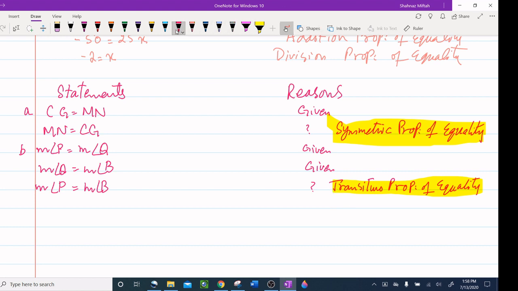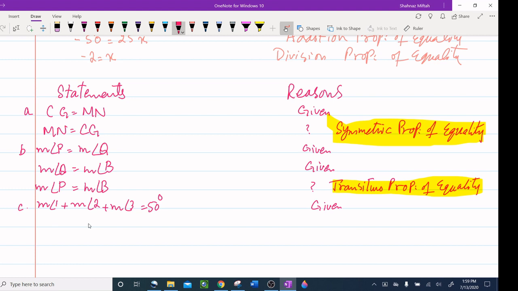Okay, let's go back here for C. C is measurement of angle 1 plus measurement of angle 2 plus measurement of angle 3 equal 50 degrees. And they said this is given.